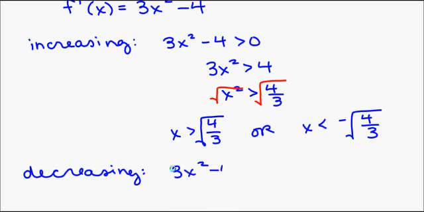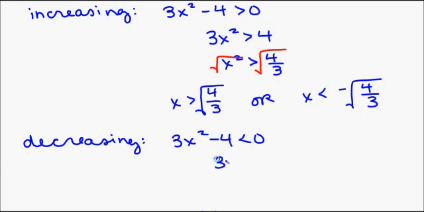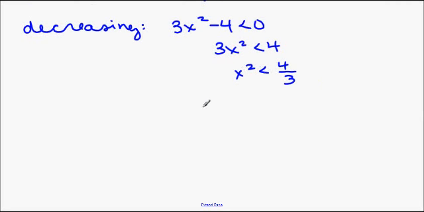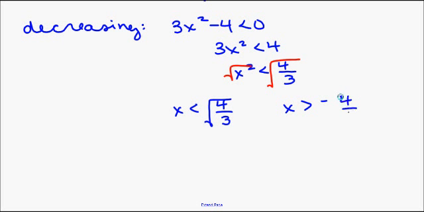where 3x squared minus 4 is less than 0. So 3x squared is less than 4. x squared is less than 4/3. And when we break this up, we're taking the square root. x is less than the square root of 4/3, and x is greater than negative the square root of 4/3.